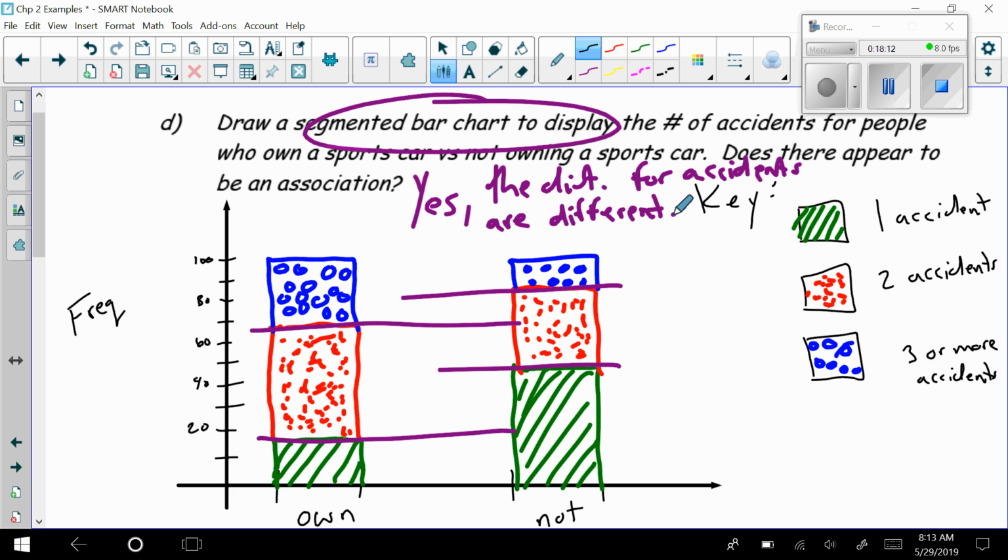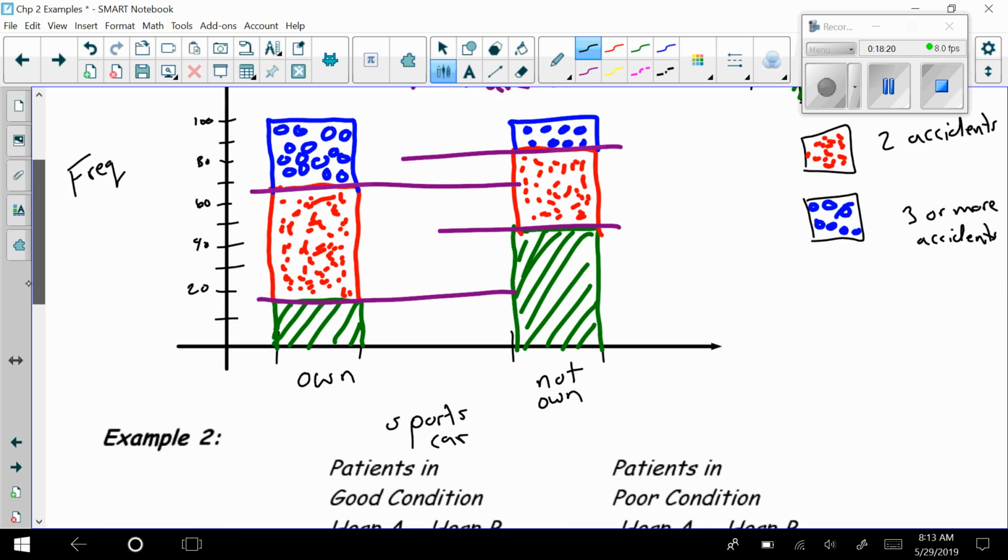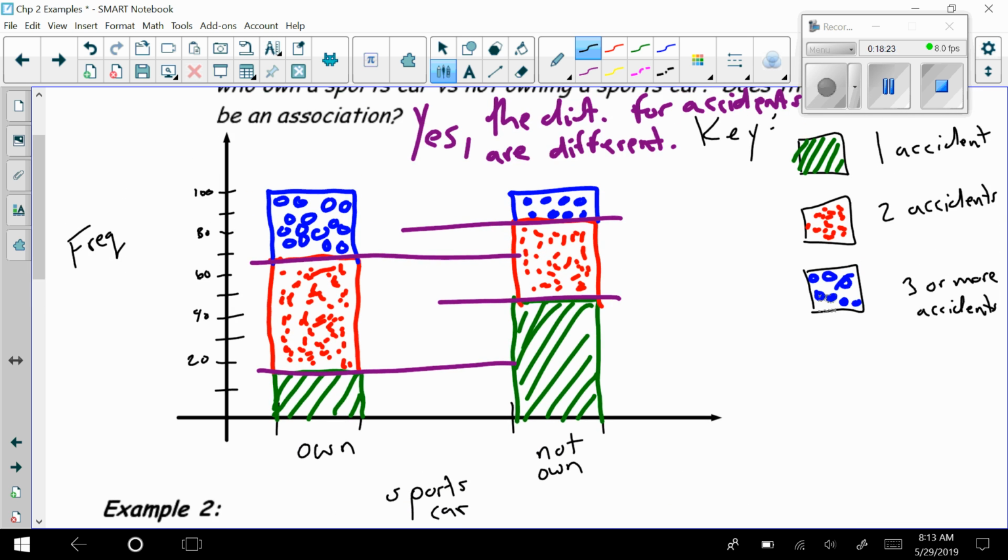Okay, and that is what tells us that there's an association. If these little sections had all been split up and lined up evenly, then we would have said no. Okay, now that completes the first example in chapter 2. Check back to the next video for example number 2 from chapter 2.